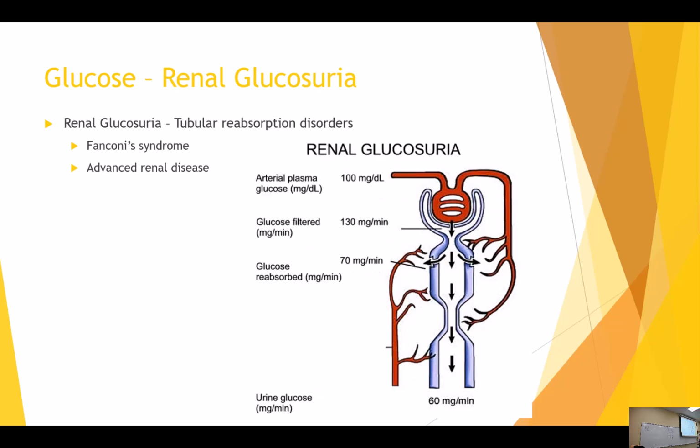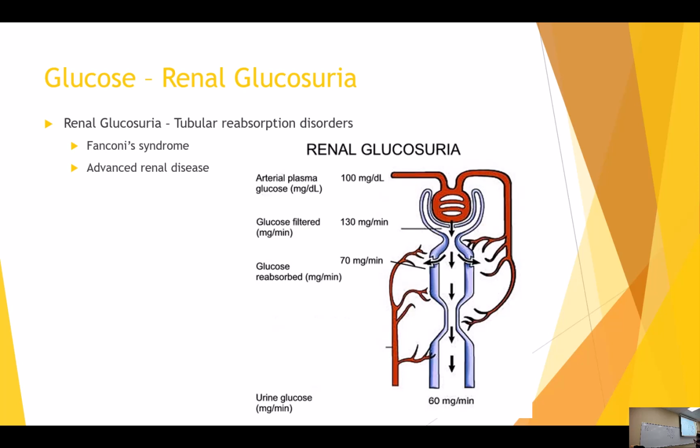Now, renal glucosuria, we see this when we're dealing with tubular reabsorption disorders such as Fanconi's syndrome. So in renal glucosuria, we have an arterial plasma glucose of 100 milligrams per deciliter. That's normal. That's a normal person's plasma glucose. Our body can filter out 130 milligrams per minute, if you remember from that first slide, in normal. However, in this situation, the proximal convoluted tubule has some sort of a disease.